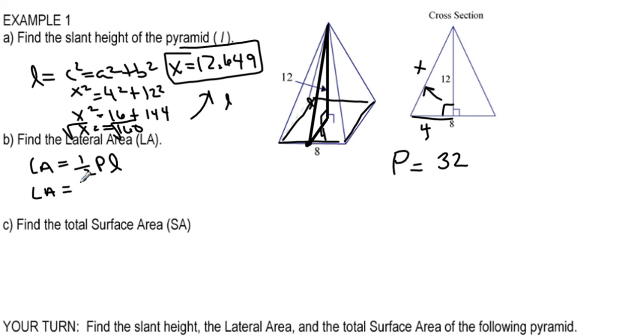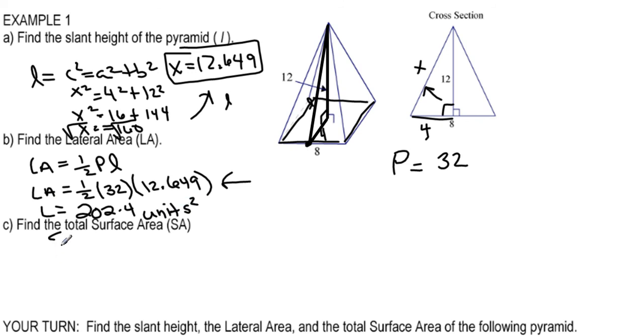So our lateral area is 1/2 the perimeter times the slant height, which we found was 12.649. Put all those values in your calculator. And I'm going to round to the nearest tenths place. So the lateral area you should get is 202.4. And that's going to be units squared because we're talking about area.